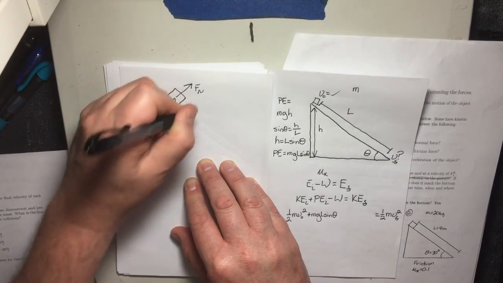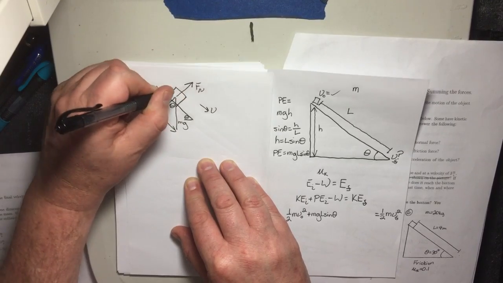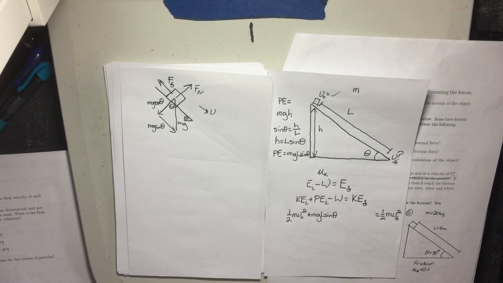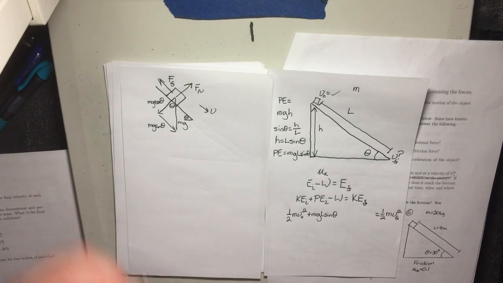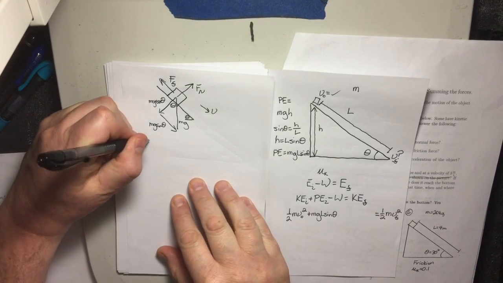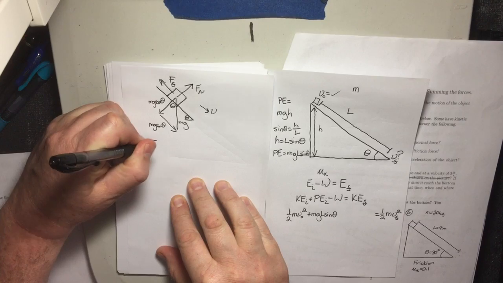That's the normal force, that's the velocity, that's the friction force. So you have to draw out a quick force diagram. You go through the steps that I've gone over so many times. You know that it's not penetrating the surface.